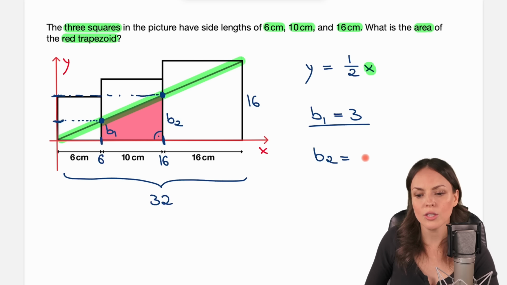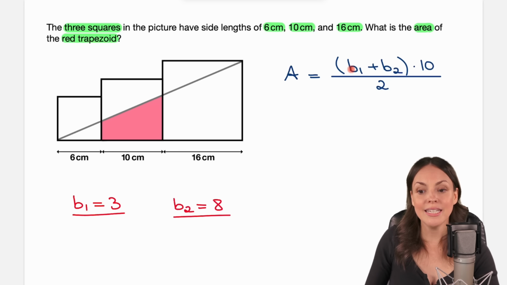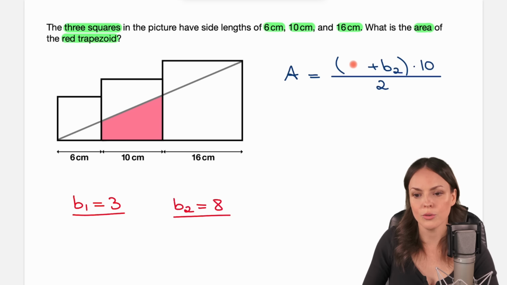So my b2 here is 8. I found my two lengths. We can go back to our beginning. We needed b1 and b2. We have them now. So b1 is equal to 3. b2 is equal to 8.